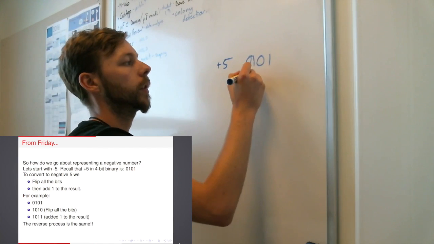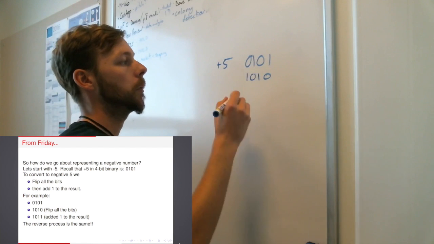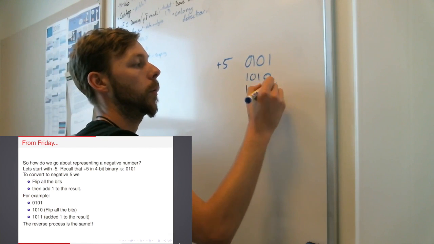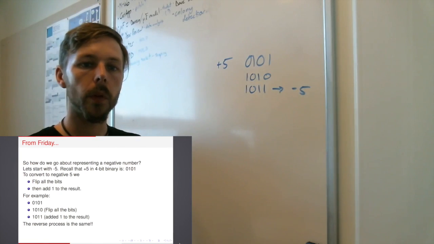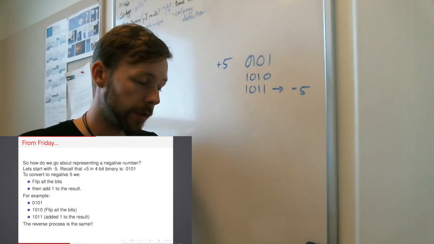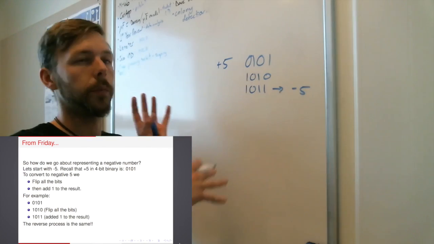So I flip the bits, 1010, and I add 1, so I get 1011, and that in 2's complement is -5.